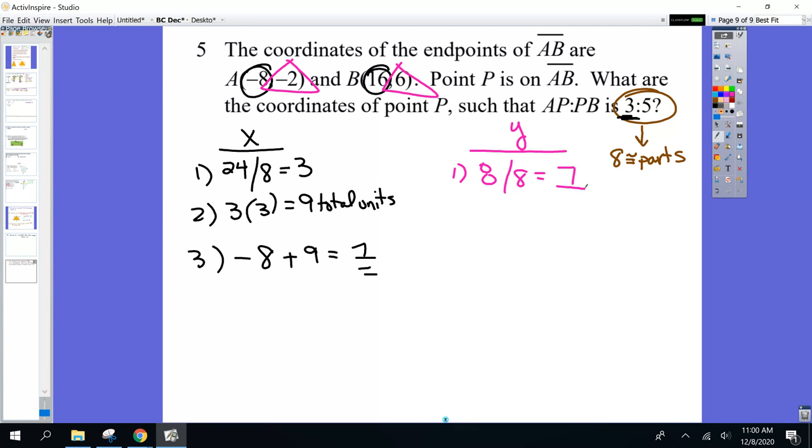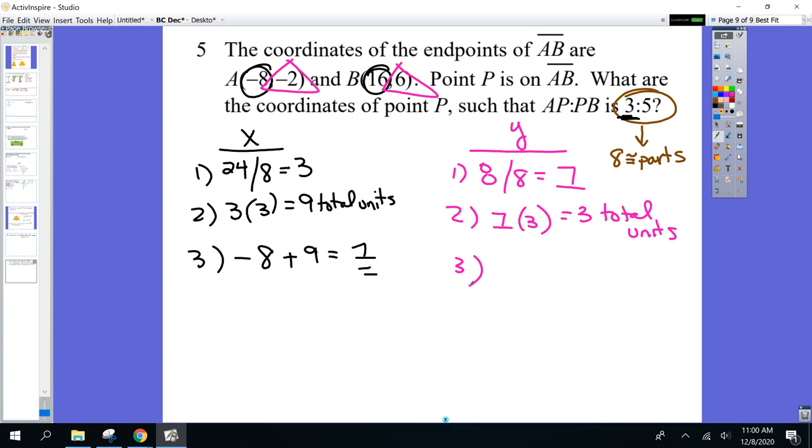How many times? 3 times. I go the same amount. You never use the second number. You don't use the second number in the ratio, just the first, because you're going from A to B. If you want to use the second number, go from B to A, but I'm not getting into that. So now you're going 3 total units.